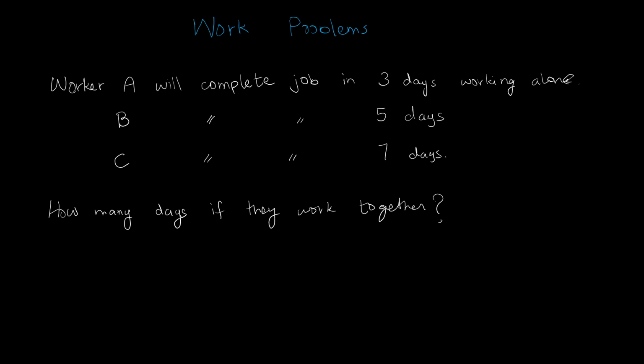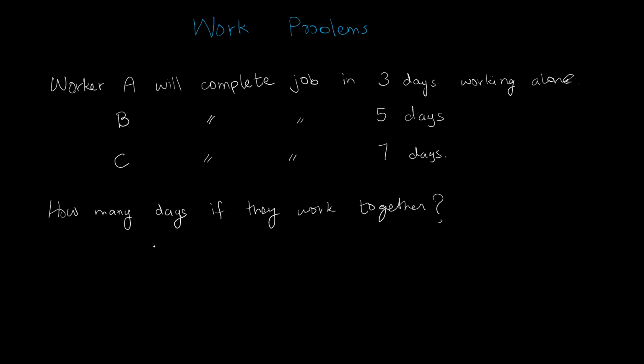For this, we first have to find the rate for each worker. The rate means amount of work divided by the number of days they took. So we know that the first worker completed the job, but he took 3 days.